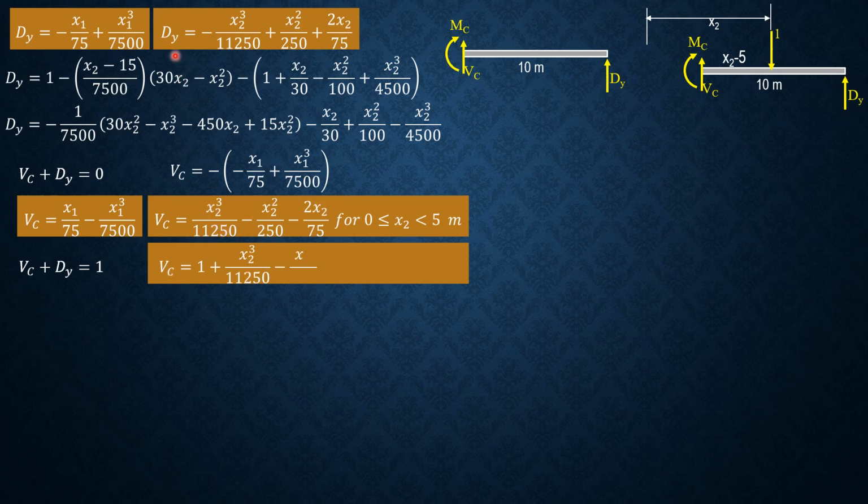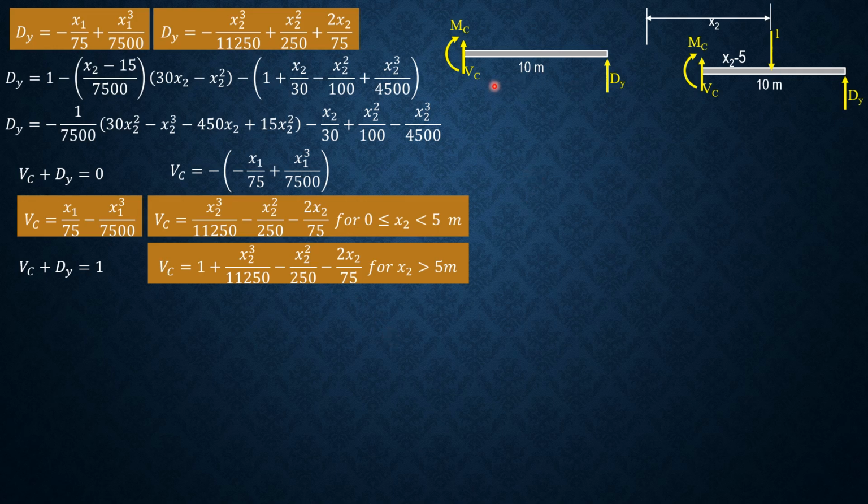So the simplification would be this. So 1 plus x2 cube over 11,250 minus x2 square over 250 minus 2x2 over 75. This is for x sub 2 greater than 5. So there are 3 expressions for V sub c.